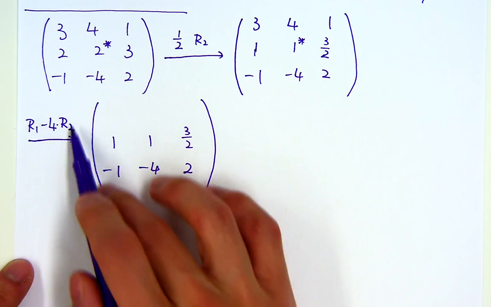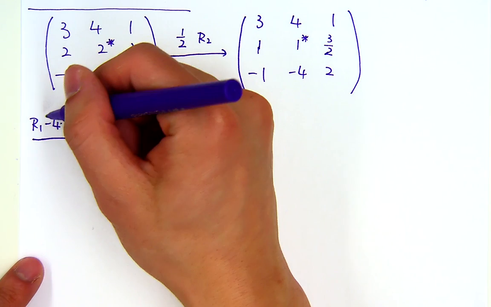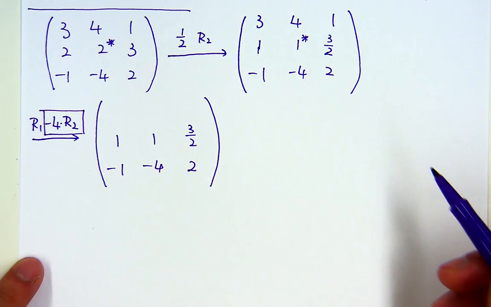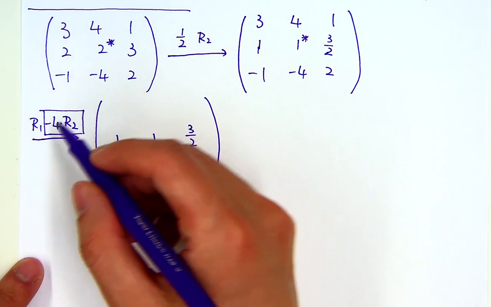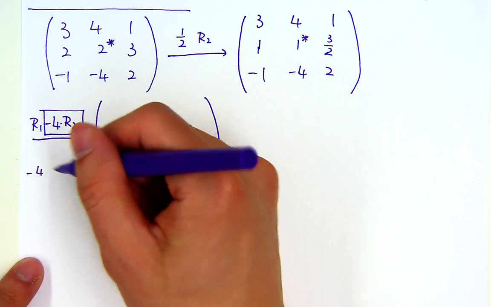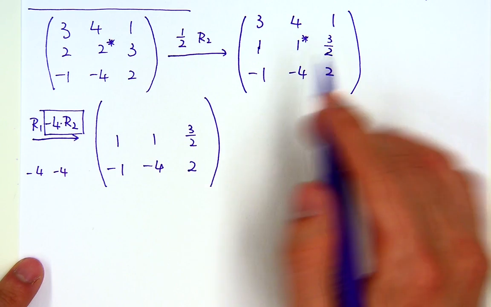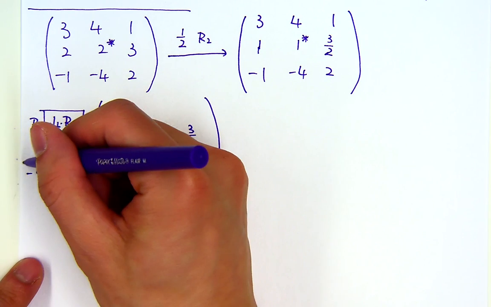And this time it's fairly complicated again. And so let me try to put an auxiliary row here. -4 times R2 becomes -4 times 1, -4. -4 times 1, -4. -4 times 3/2 will become -6 because 2 and -4 have some cancellation there.